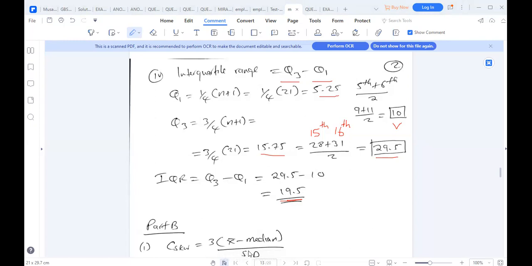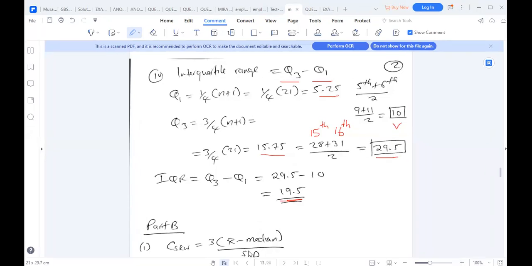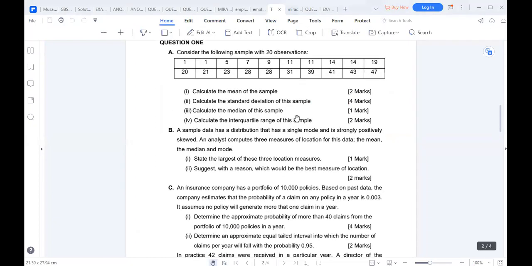Okay, great. So now we go to our next question, which has to do with looking at a sample.